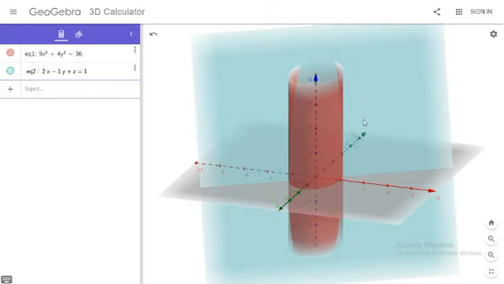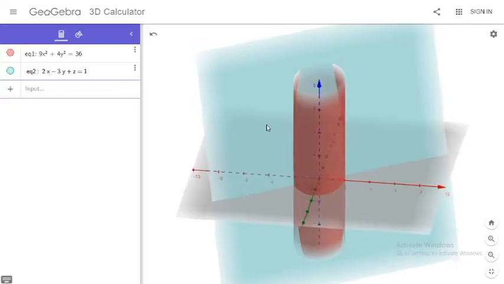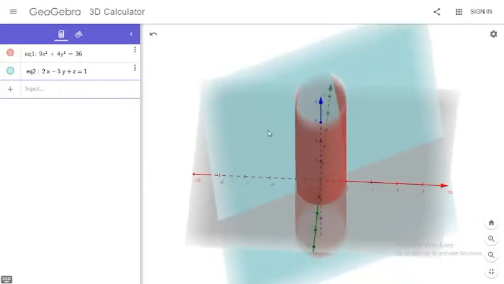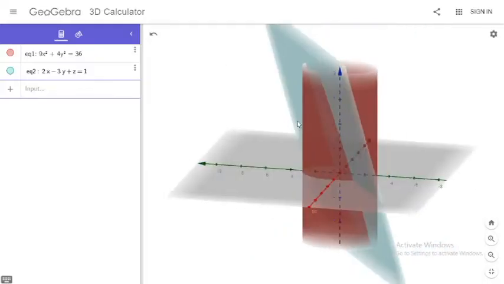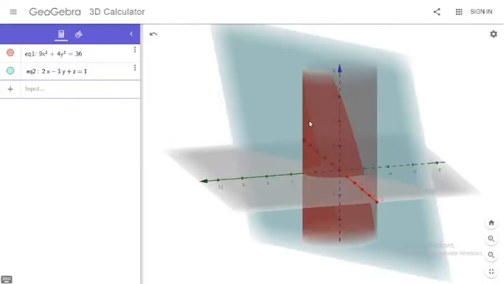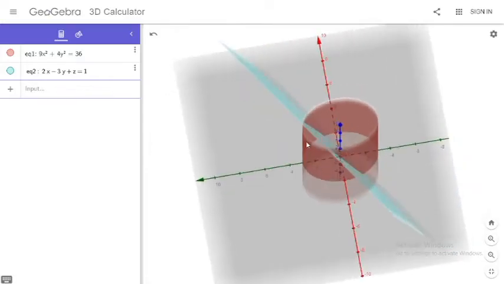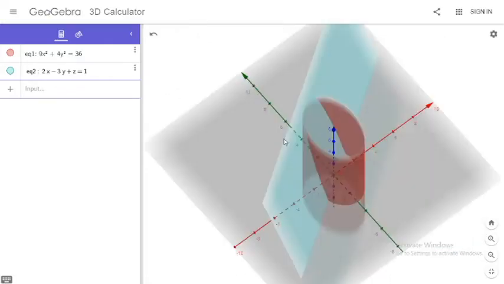This time we have the graph of a circular cylinder 9x squared plus 4y squared equals 36, and the plane 2x minus 3y plus z equals 1. Here's how the curve of intersection looks like.